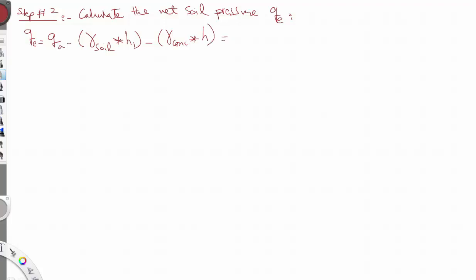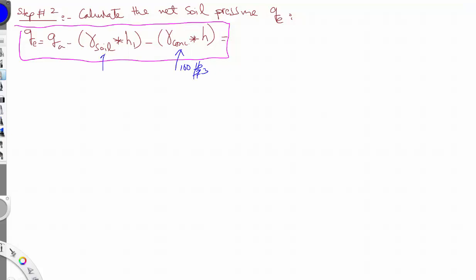And again, this is a fixed equation. And if you want, you can always consider the soil to be 100 pound per cubic foot, and sorry, concrete is 150.